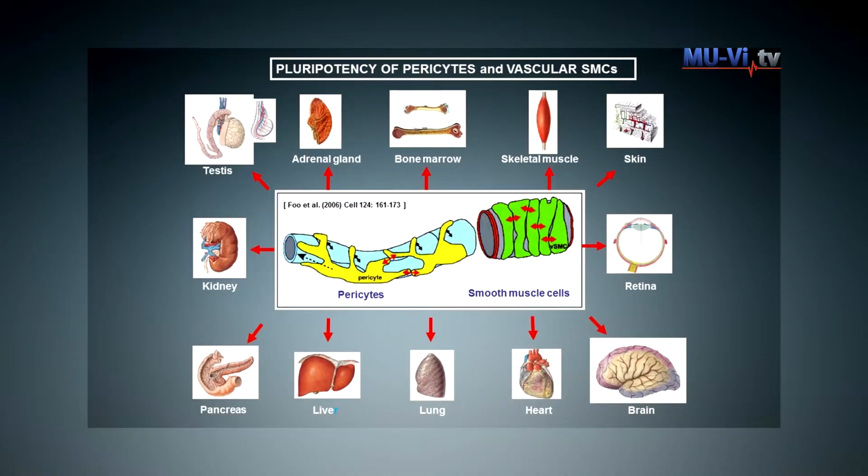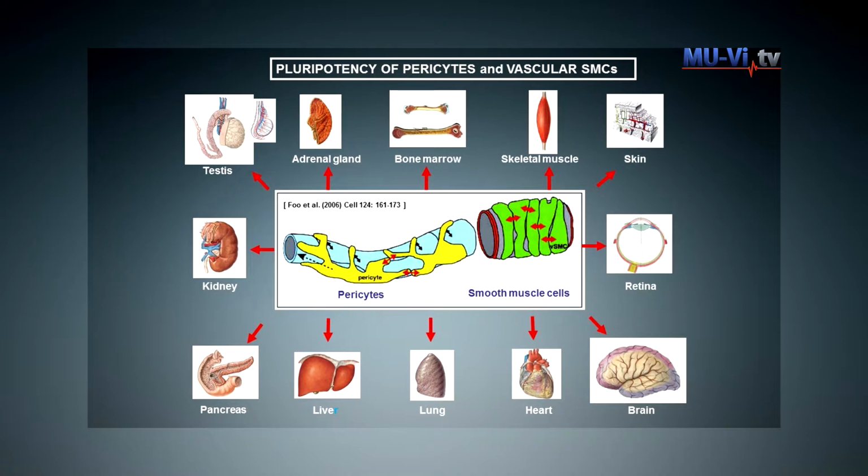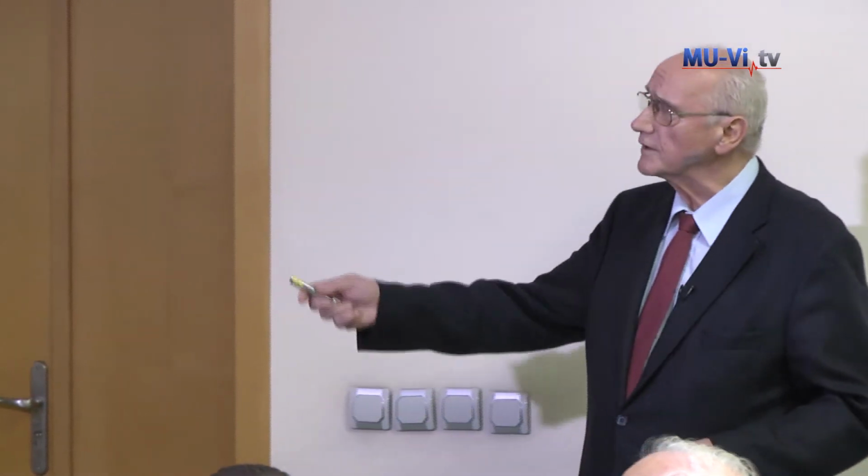Here you can see schematically, graphically, that a part of our organs are supported by the pericytes and the smooth muscle cells of the arterioles in the regeneration of this structure. You can see bone, muscle, skin, brain, heart, lung, liver, and all the other organs I cannot show here.